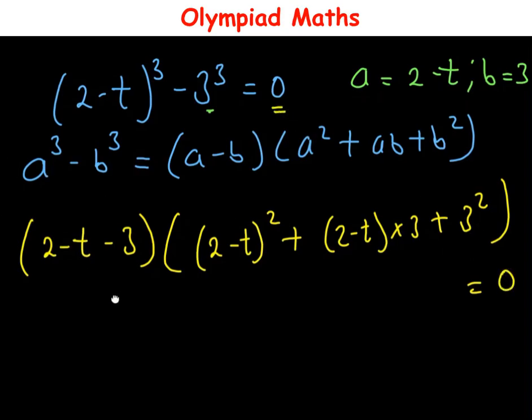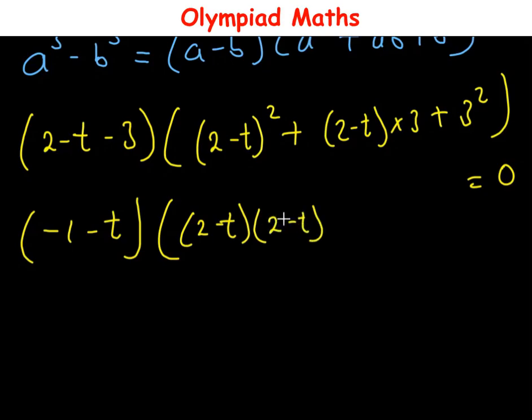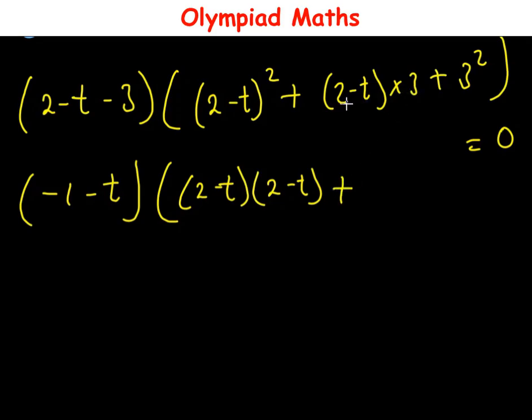From here, we have (2 − t − 3). 2 minus 3 is minus 1, then minus t. Multiplied by (2 − t)² plus 3 times 2, which is 6, and 3 times minus t, which is minus 3t, plus 3 squared, which is 9. All is equal to 0.